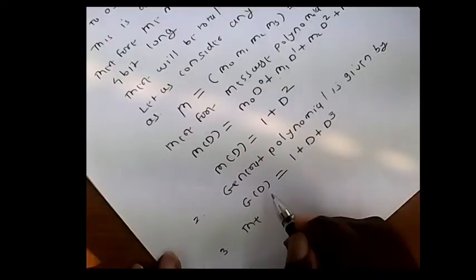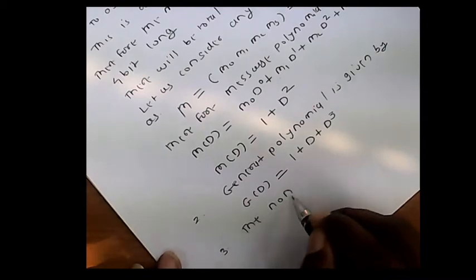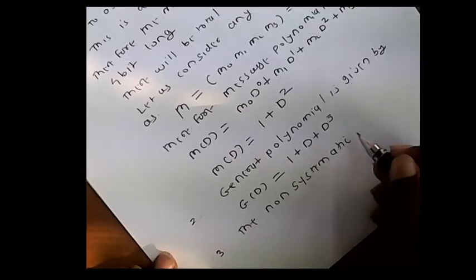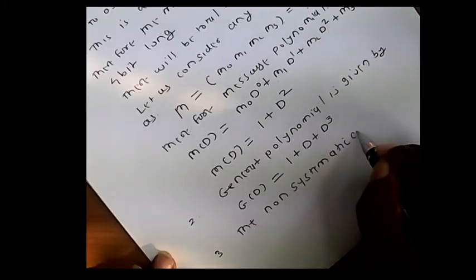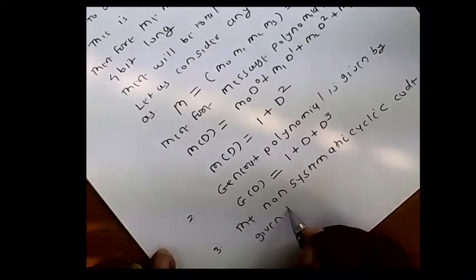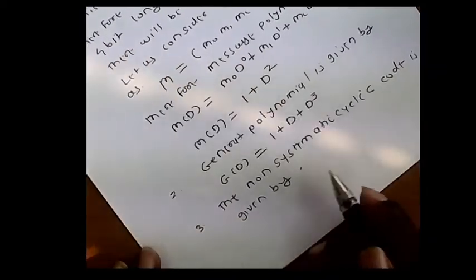Then the non-systematic cyclic code is given by X(D), the code vector polynomial for the non-systematic cyclic code.